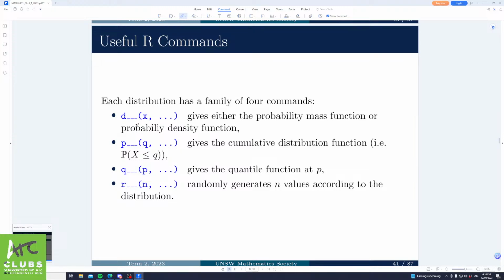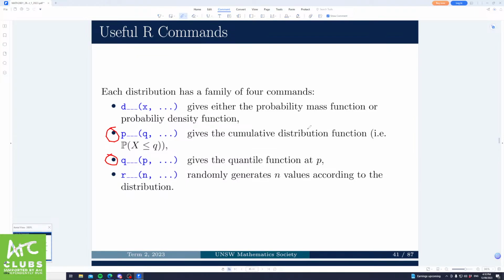So basically these are the main four. R isn't really necessary for the exam, neither is D, I would say. It's really just these two, P and Q. So P gives the CDF value at some outcome, sorry, not probability.